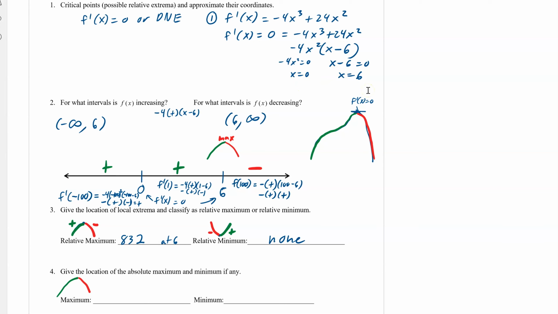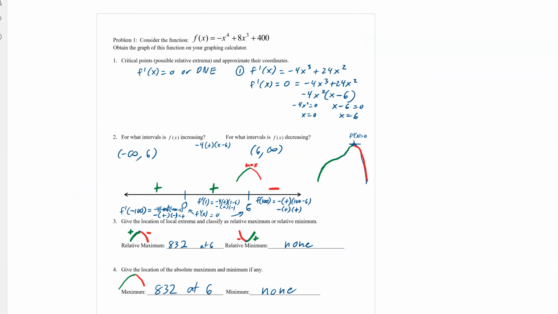So if our graph was to come back up like this, what would it have to have? It would have to have another critical number, and there isn't one. So if it doesn't have another critical number, it's not coming back up. It's done. It's finished its thing. So when this is a max, it's not only a relative max, it is an actual max. And we don't even have a relative min, and we don't have endpoints, so there is none. And so there you go.